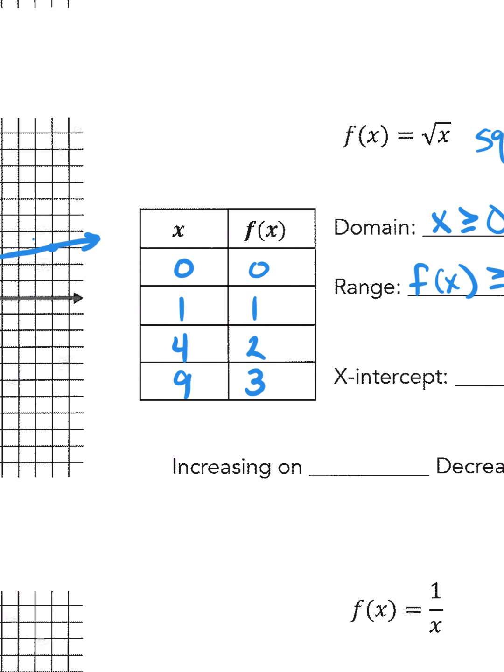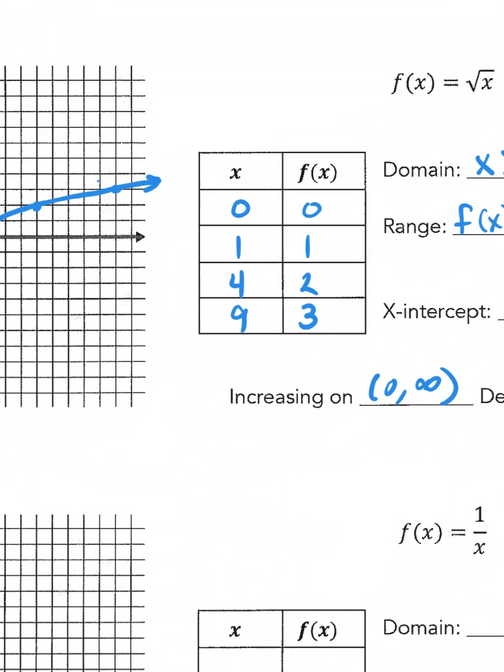X-intercept, y-intercept? 0 and 0, right? Increasing from where to where? Good. 0 to infinity. Decreasing where? Nowhere, right? It is not decreasing ever.